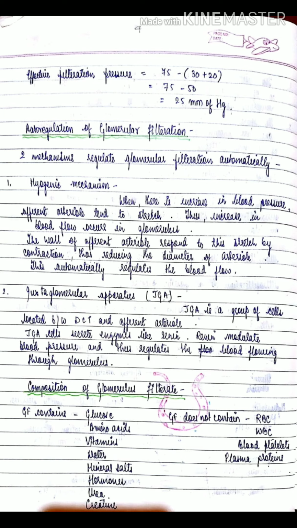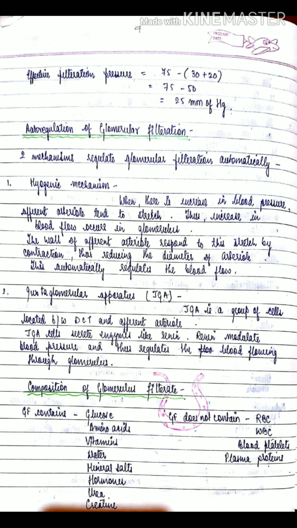Second is juxtaglomerular apparatus, JGA, which is a group of cells located between DCT, that is distal convoluted tubule, and afferent arterioles. These cells secrete an enzyme known as renin, and renin is responsible for modulating blood pressure, thereby regulating the blood flow into the glomerulus.